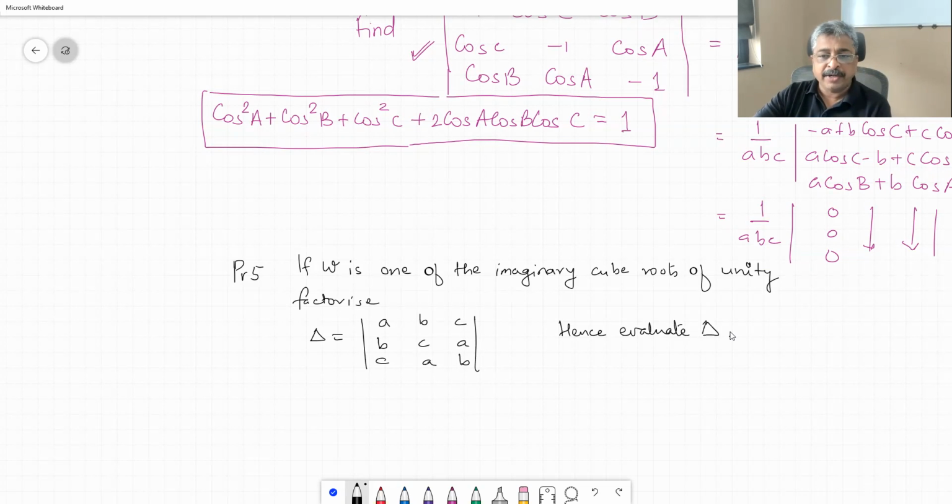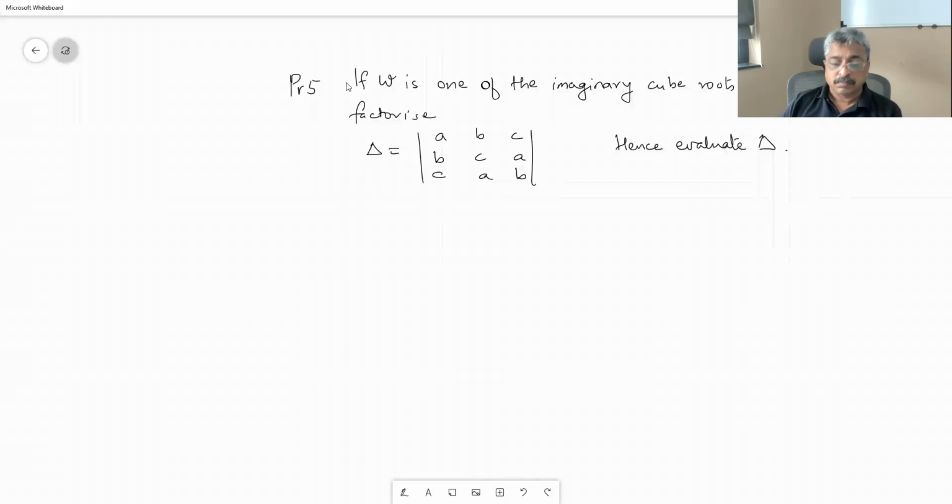And hence evaluate delta. Multiply row number 2 by omega.